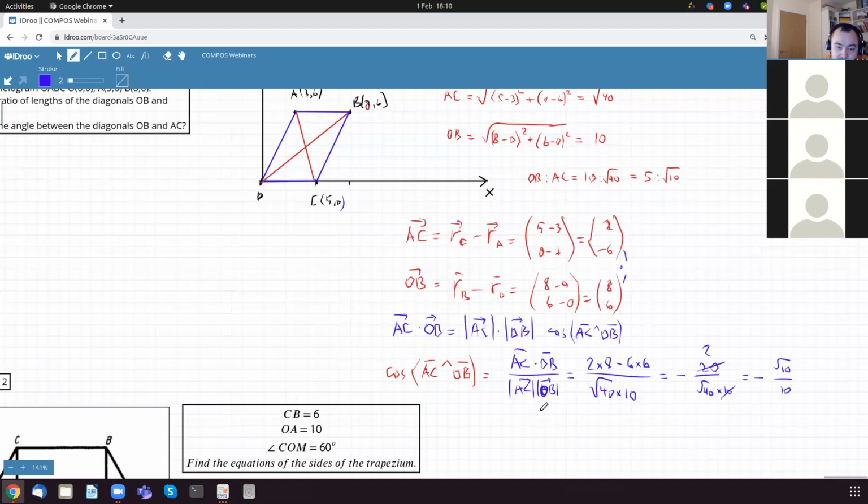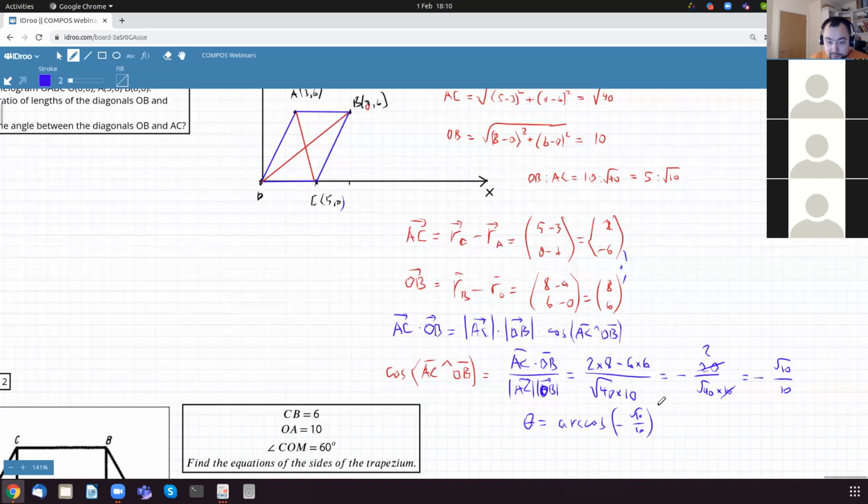And then the angle that we are looking for is arccos of minus square root of 10 over 10, which is something. You can usually leave the answer like this.